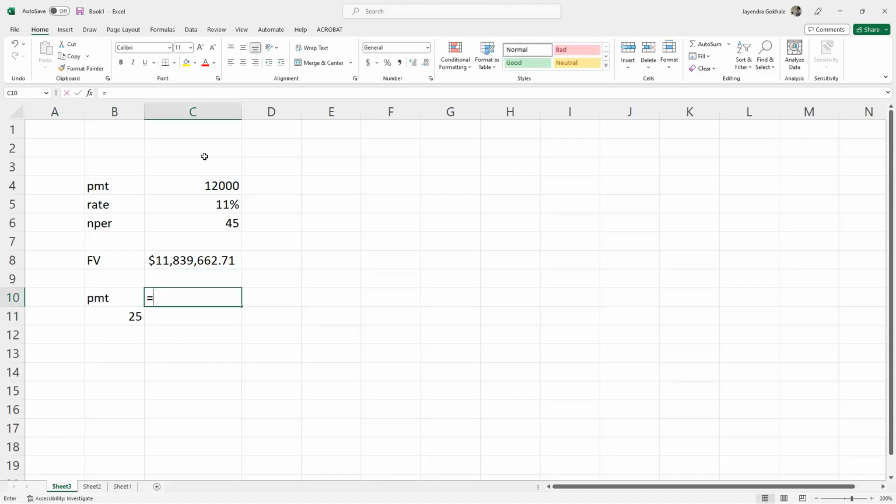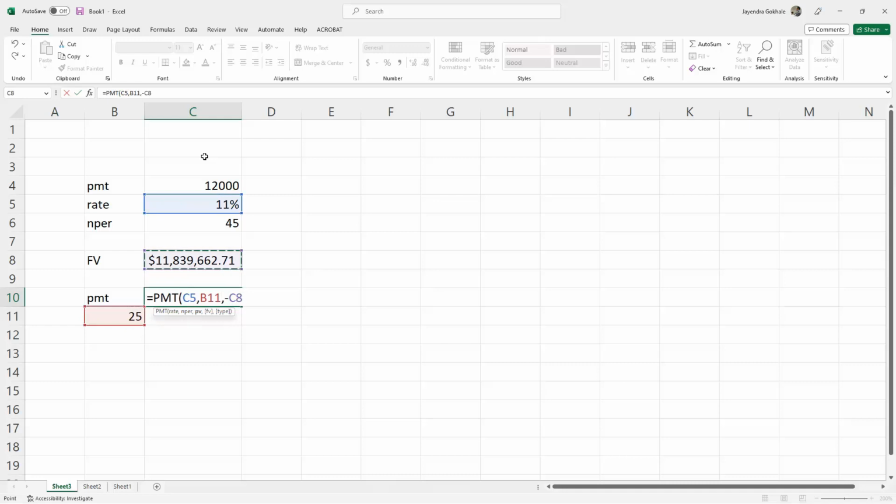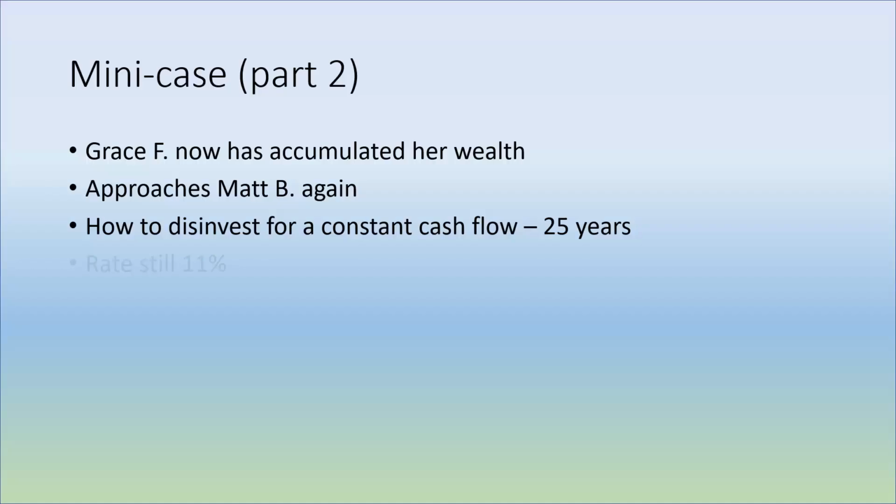So equals PMT, we use the PMT function, the rate is still 11%, the number of periods is 25, the present value is the value right now, the future value is 0 because we want to finish it completely, and the type is important. It's not the end of the period anymore because we want the money right away, so it's the beginning of the period. And so these constant payments are 1.26, so she can potentially withdraw $1.3 million every year for the next 25 years.